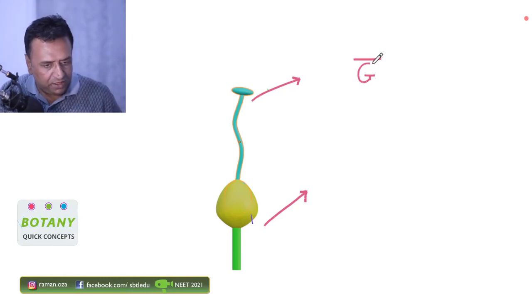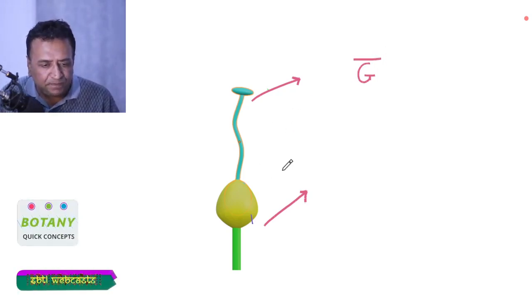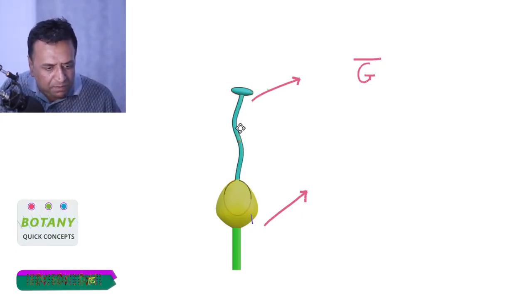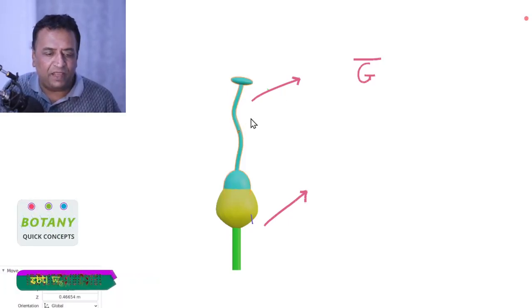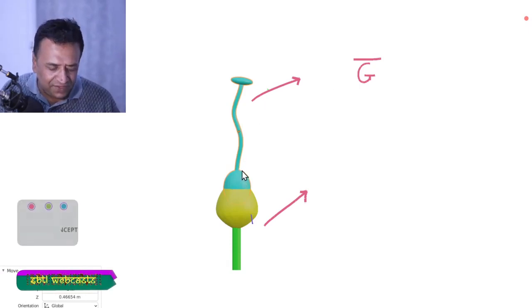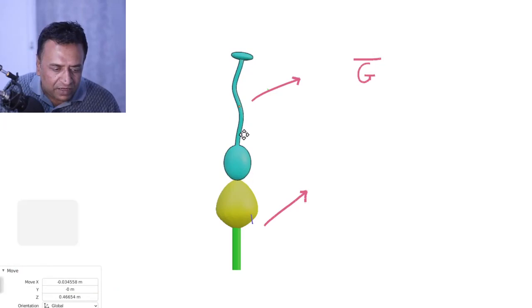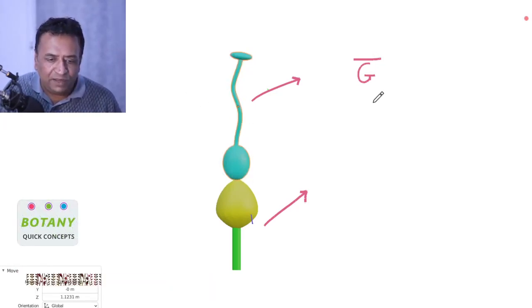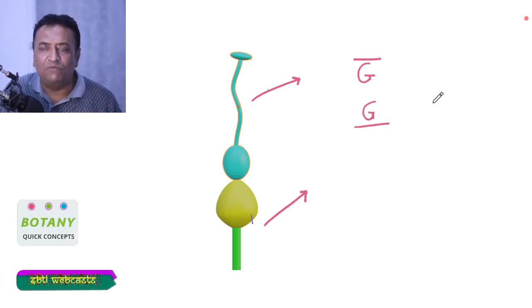And the second one is, if the ovary is semi-inferior, then it is something like this. If the ovary is present at the top of the flower, then it is something like this. Symbolically, we represent that something like this while writing the floral formula.